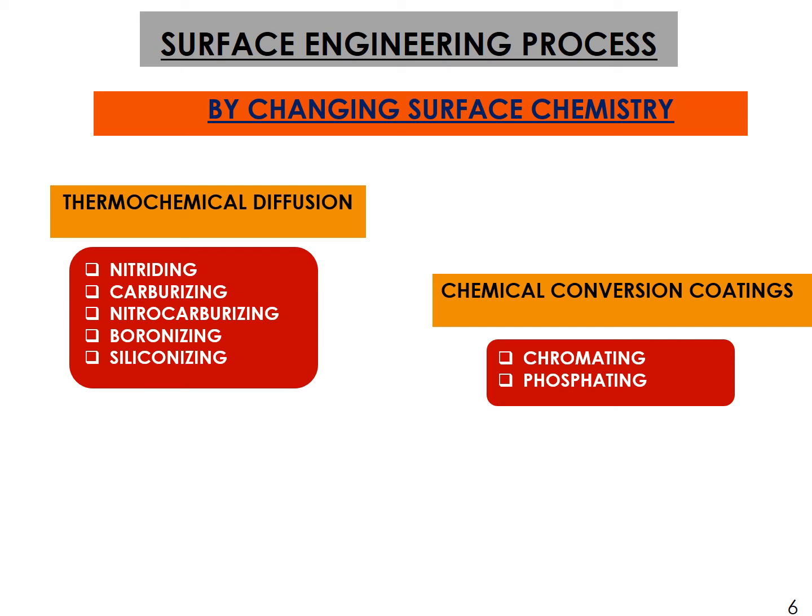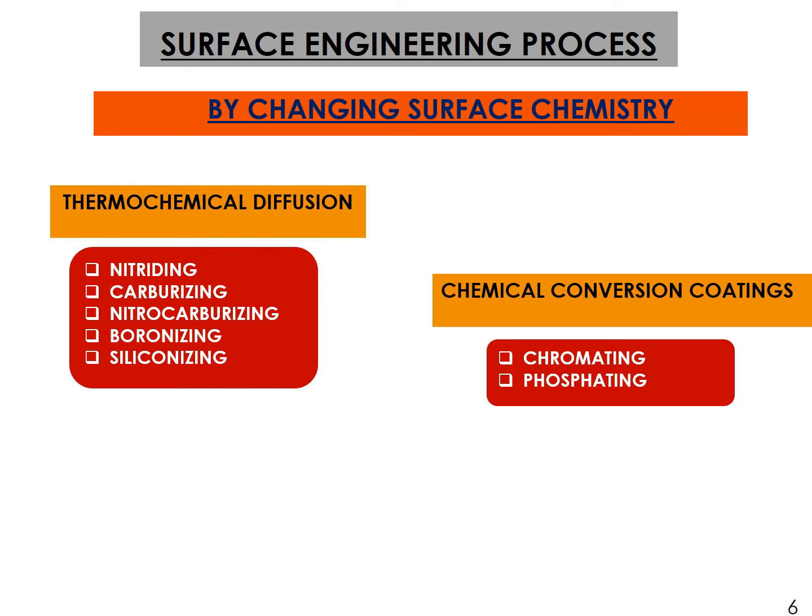Again, the name itself clarifies. Chromating. Now you know what a chromate is, a material. Phosphate is a material. So in chromating, you form an oxide layer of that material on the metal surface. Phosphating again is a chemical process for surface treatment.